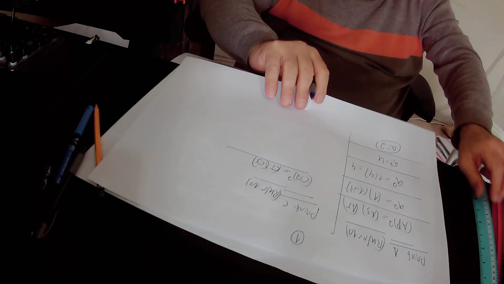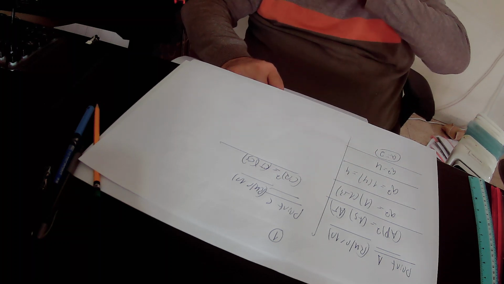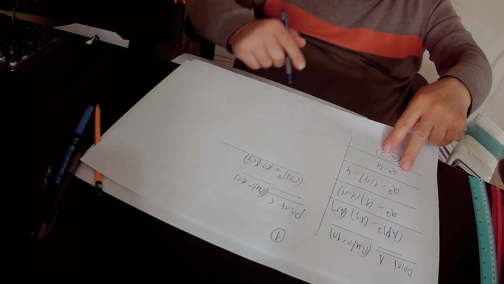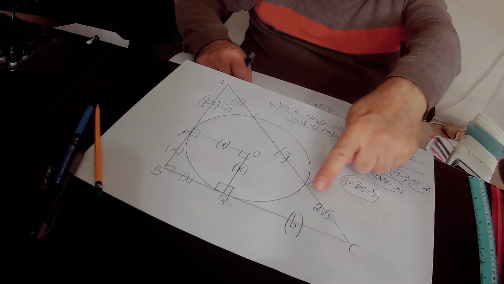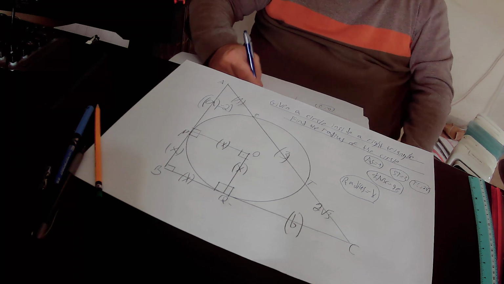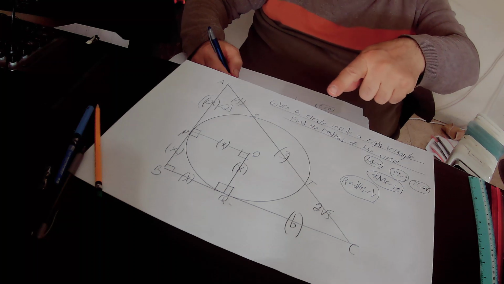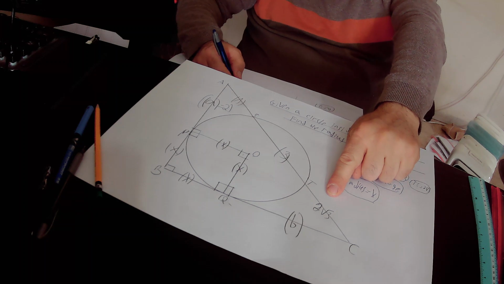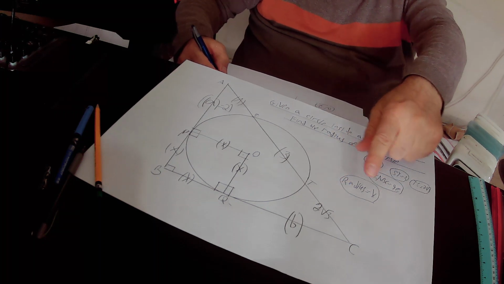So again, if we focus at point C, according to rule 10, we get that CQ squared equals CT times CS. CQ is b, therefore CQ squared is b squared. So b squared equals CT, which is 2 times the square root of 3 according to what is given in the question, times CS.